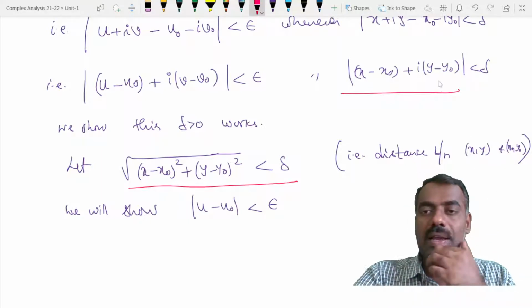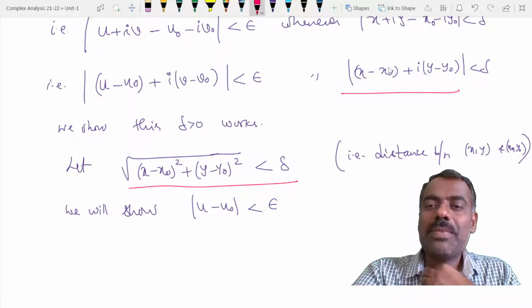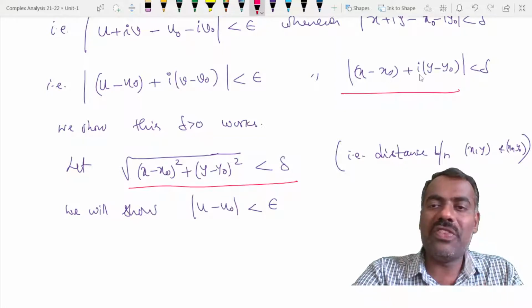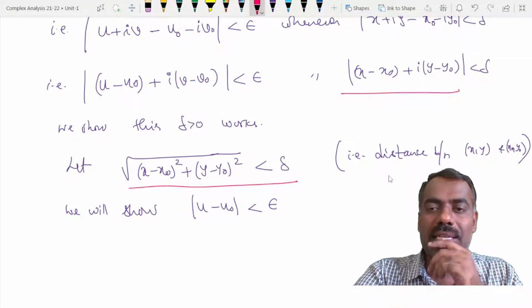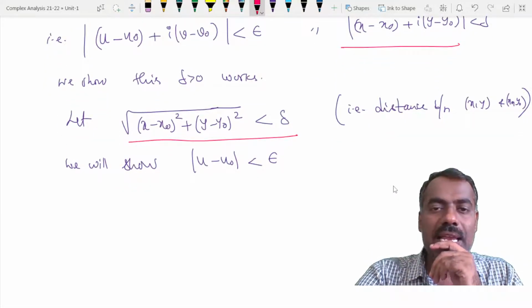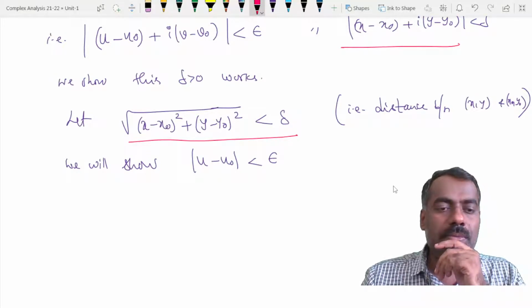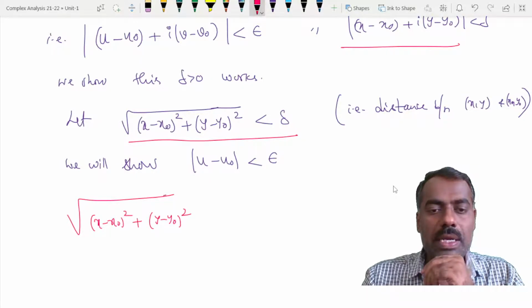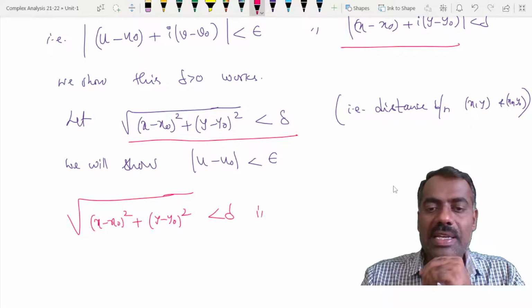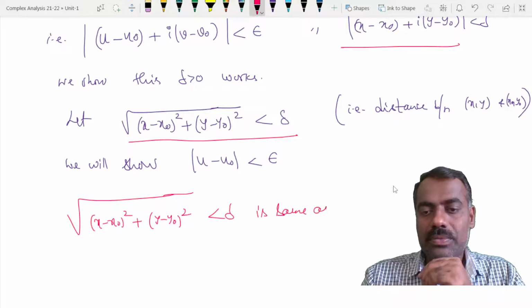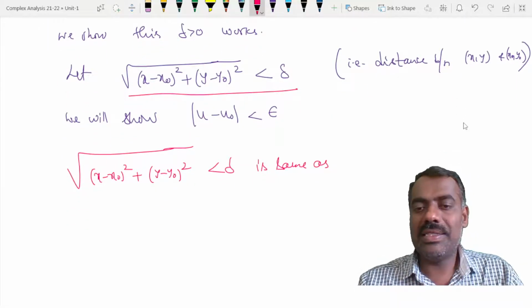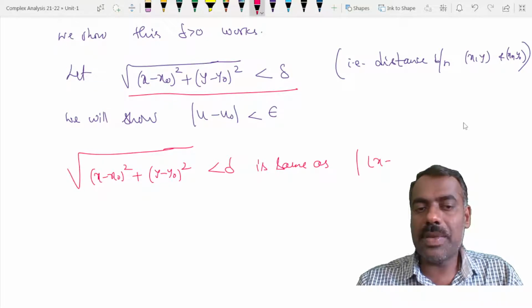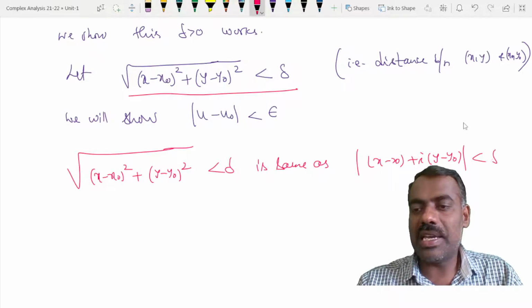Because it is just like a complex number, and we know the absolute value of a complex number is this one. Is this clear? So the square root of mod x minus x naught whole square plus y minus y naught whole square being less than delta is the same, in just a notation, as mod of (x minus x naught plus i times y minus y naught) less than delta.